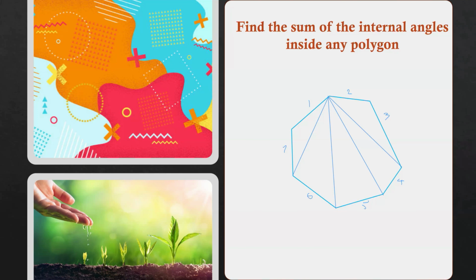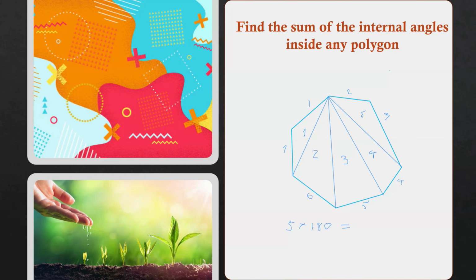So you see that the polygon has been broken up into 1, 2, 3, 4, 5 triangles. You notice that you have 5 triangles, and the sum of the internal angles inside each triangle is 180. So the total sum is simply 5 triangles times 180.